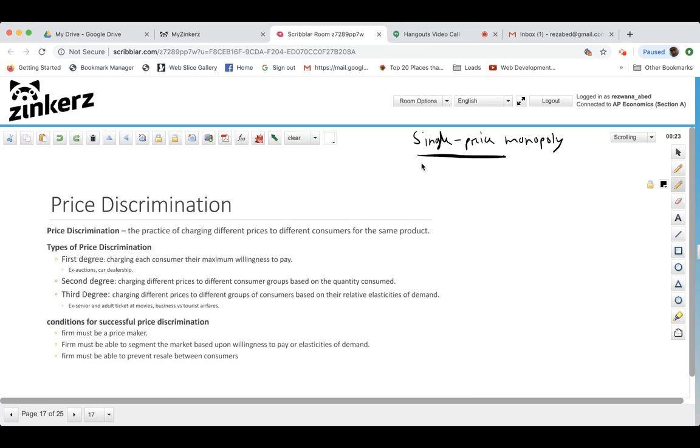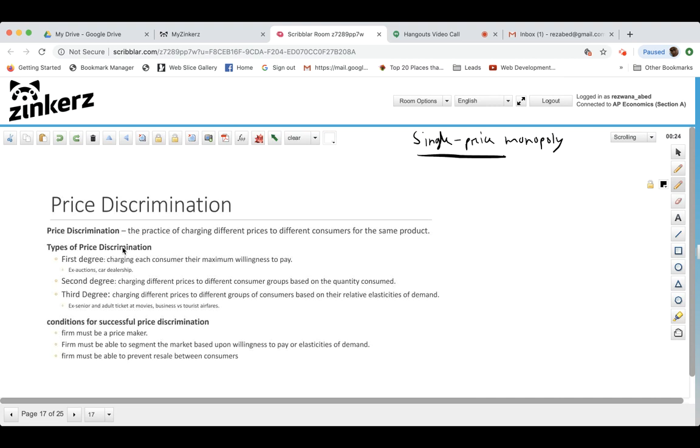But it is actually not the case in real life. We actually see this situation which is called price discrimination, which is essentially the practice that monopolists and other types of imperfect competition, like when we talk about monopolistic competition or oligopoly, also engage in.